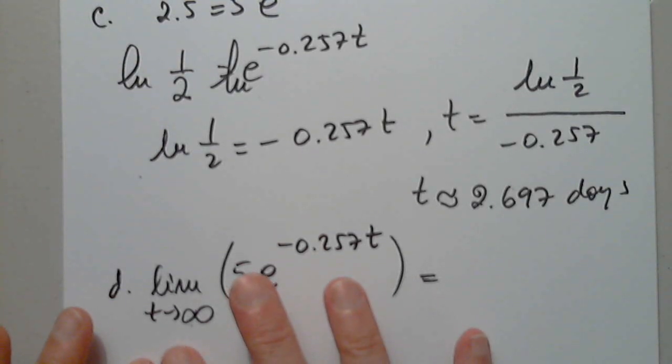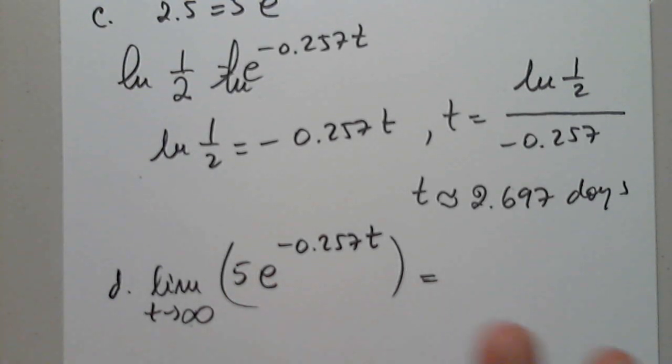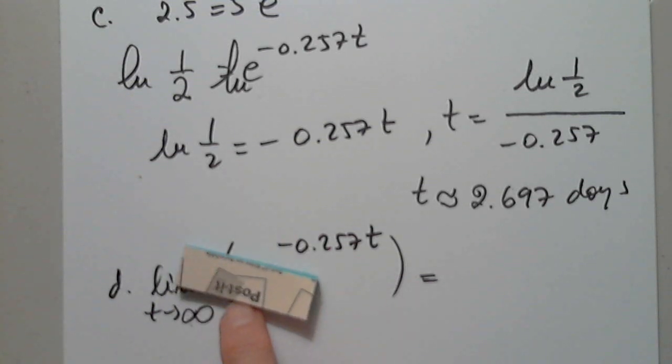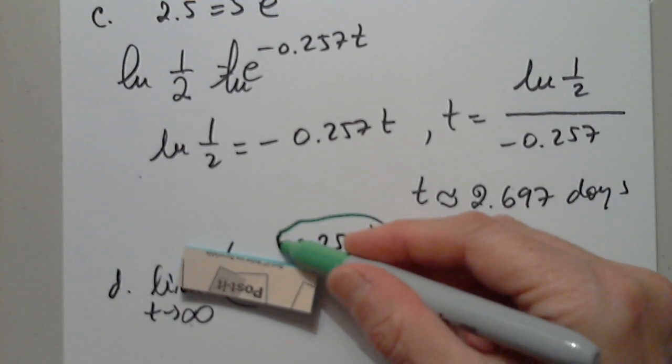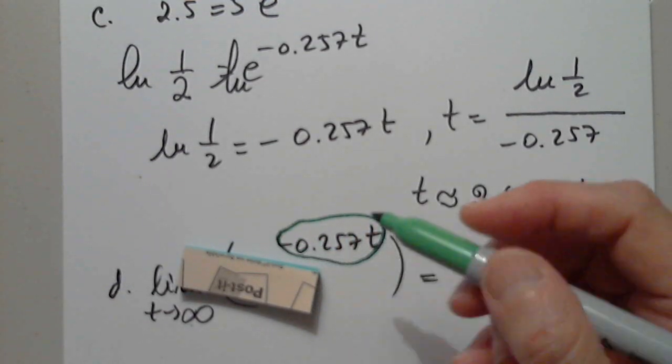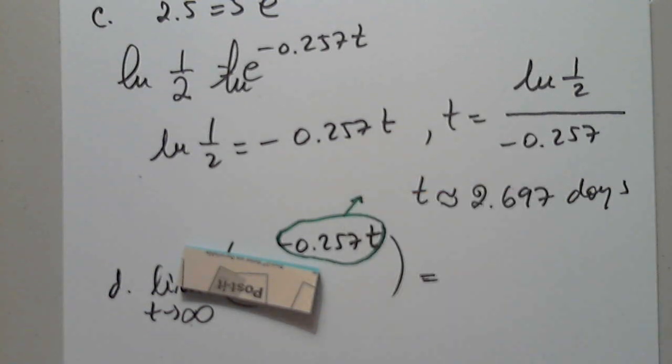So remember, when we find a limit, we have to plug it in piece by piece, but I have to start where t is. So if t approaches infinity, where is this going?